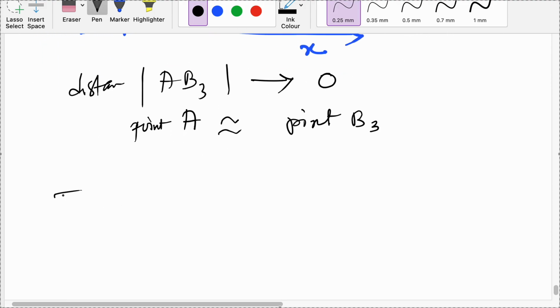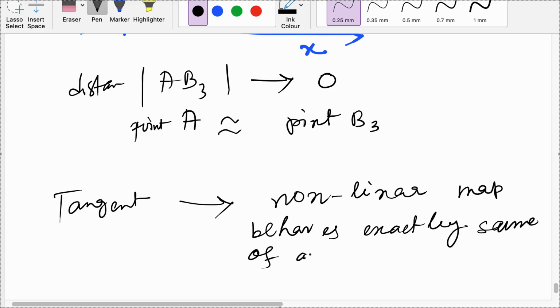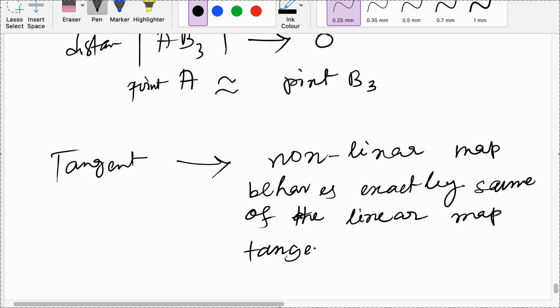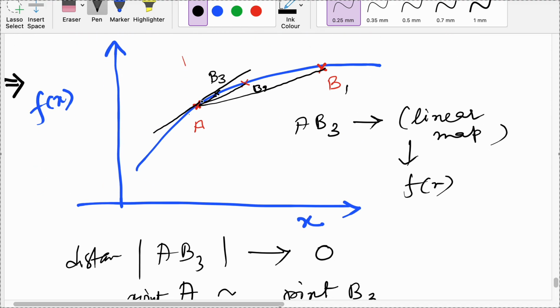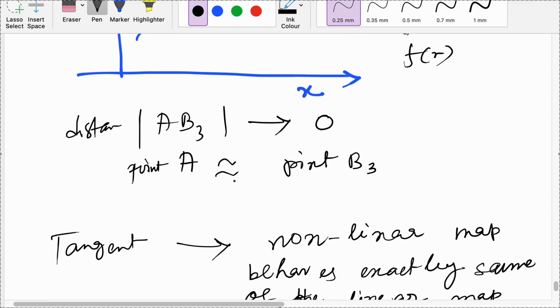So the tangent means that the non-linear map behaves exactly the same as the linear map tangent at the point A. So that we know.